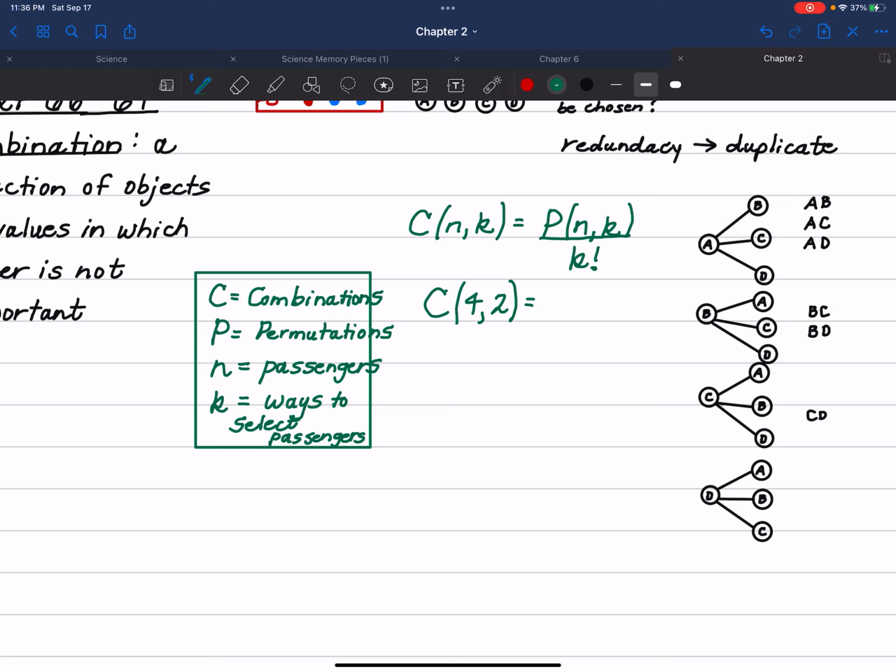All right, so then we're going to have to take the permutation of 4 and 2 and divide that by 2 factorial. So all I've done there is to substitute my values into my formula.